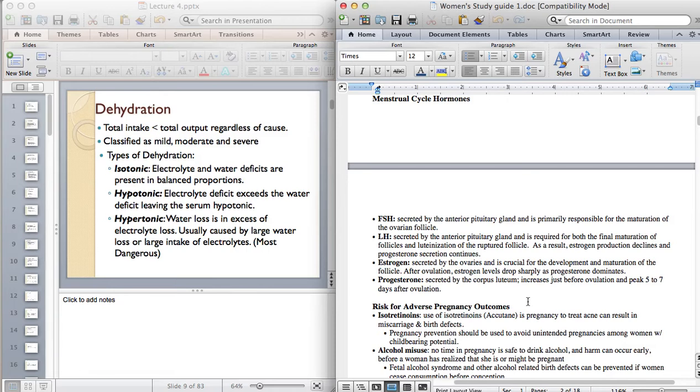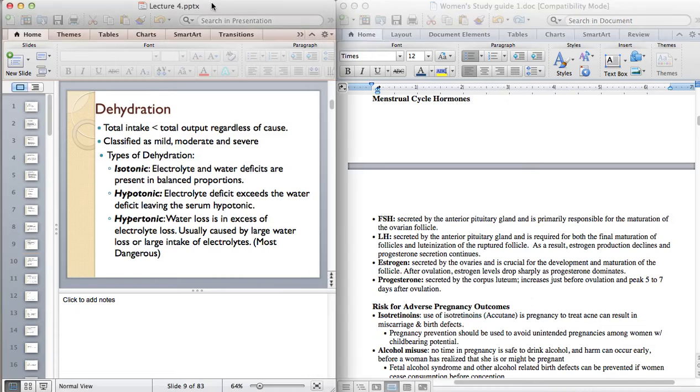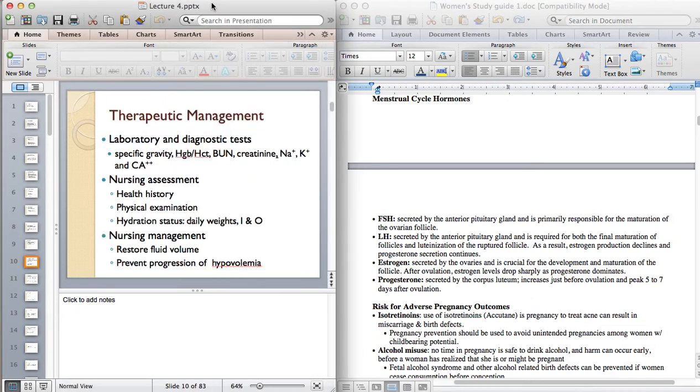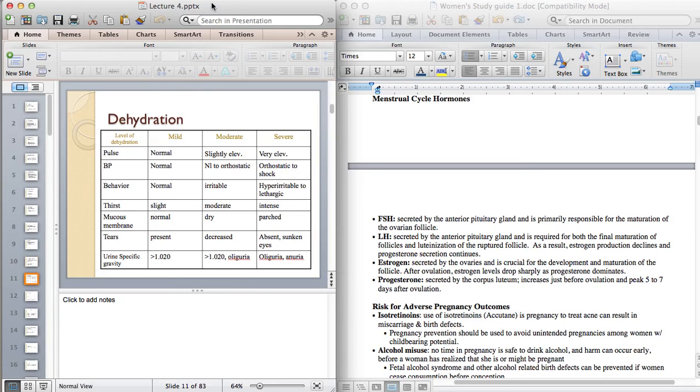So looking at these signs and symptoms and how they will present, you have a similar chart in your book, but we'll look at this one. For the level of dehydration, you look at the pulse rate, so you try to put them in perspective where they belong. For the mild one, you do your assessment.